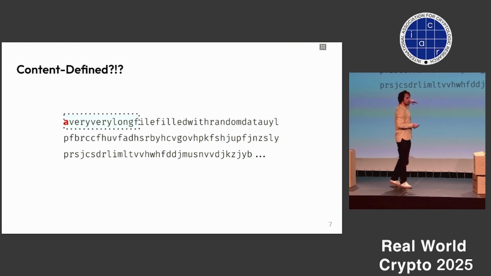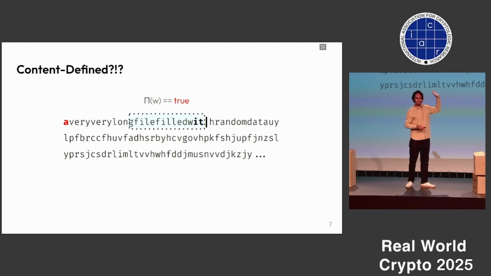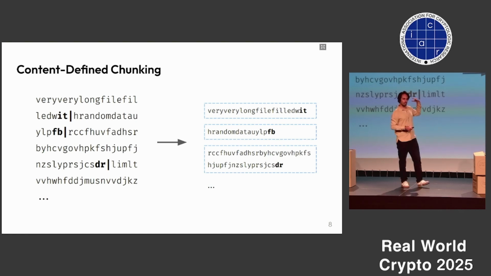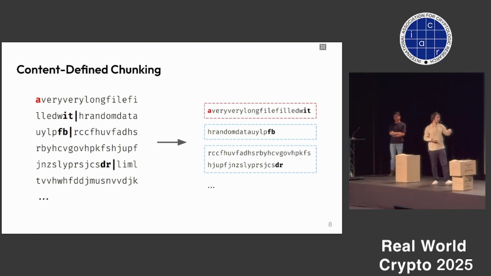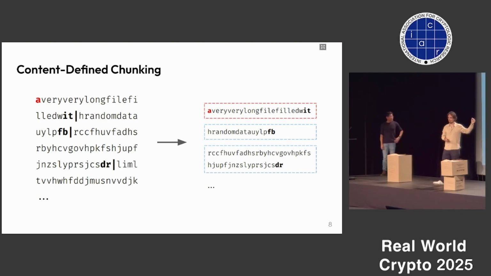And if we're lucky, the first window won't evaluate to true, and we will get a chunk exactly in the same position as before. What this means is that if we compare the original file with its chunks and the file with the 1 byte prepended, then only one chunk will change, the first one.